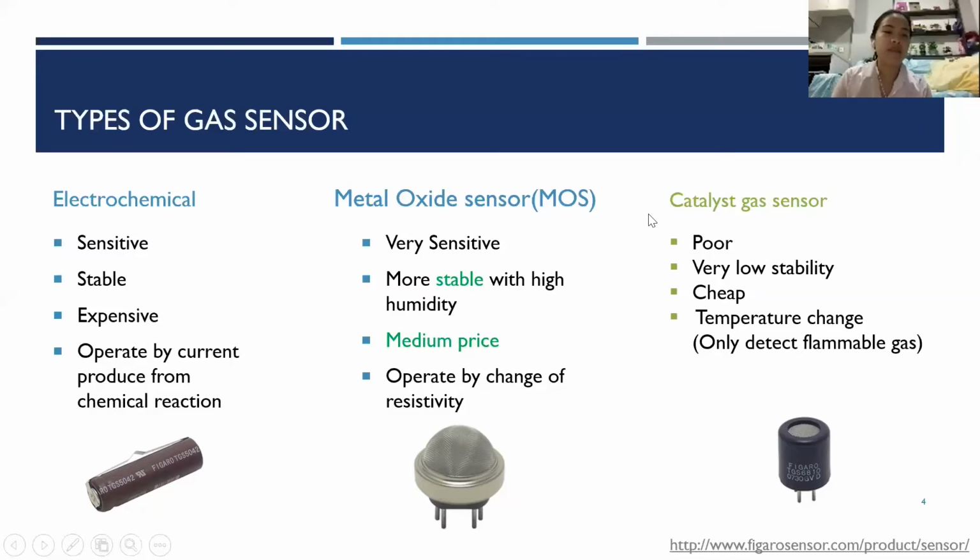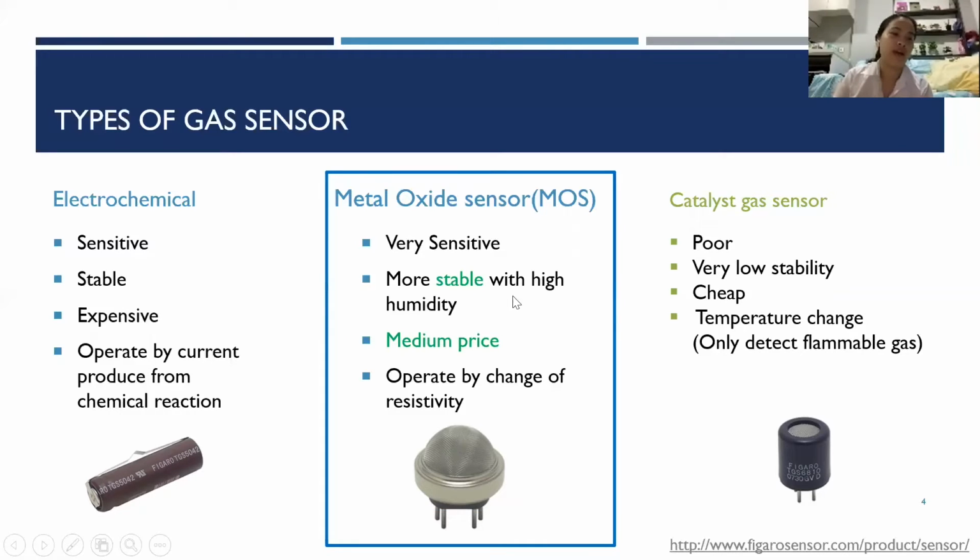And the last type is the catalyst gas sensor. The catalyst gas sensor has poor sensitivity and very low stability, but it's cheap. This type can only detect flammable gas because it uses combustion inside the gas sensor. In my work, I will focus on the metal oxide gas sensor due to its stability in a high humidity environment.